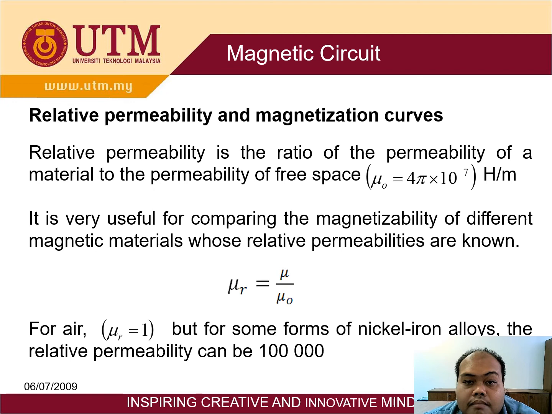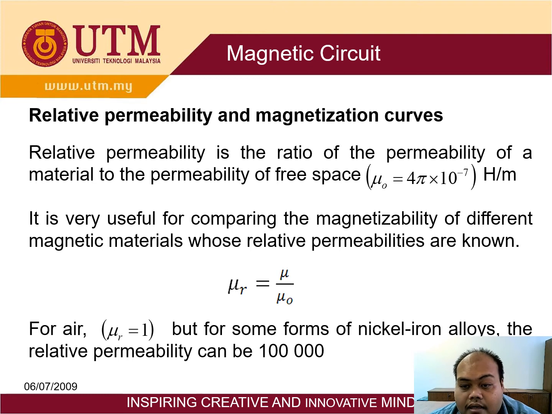This is the permeability I mentioned before. You have to know that mu equals mu naught times mu R. Mu naught is the permeability of free space, which is a constant. You can check your calculator; I don't remember the constant, but you can check it. Mu R is the relative permeability.